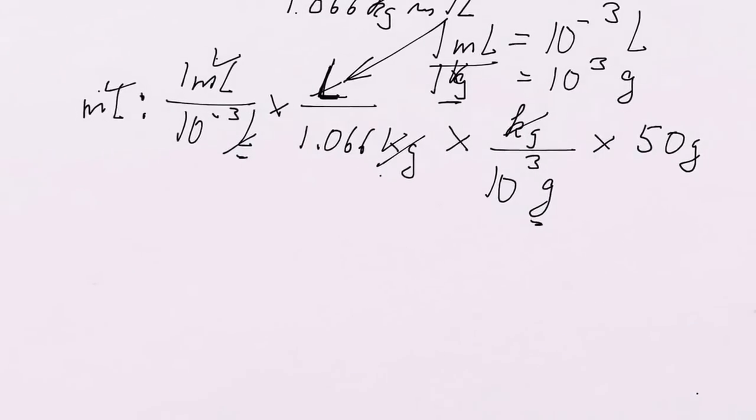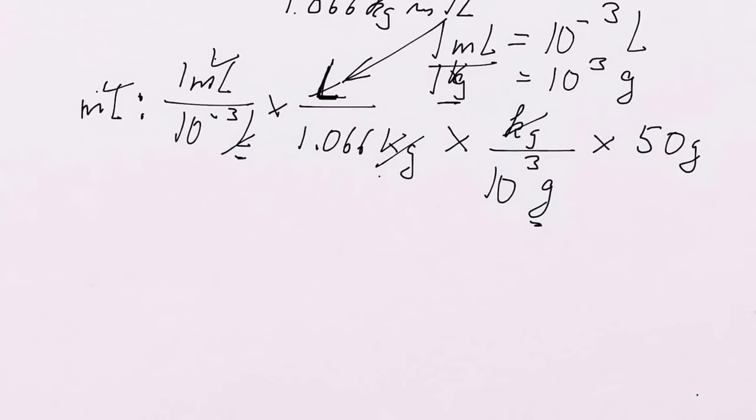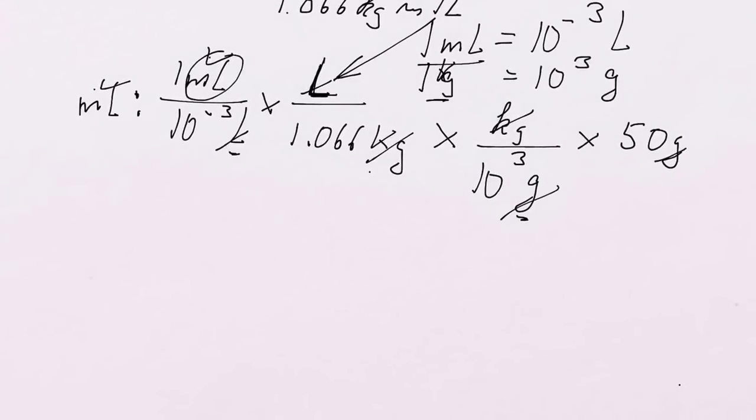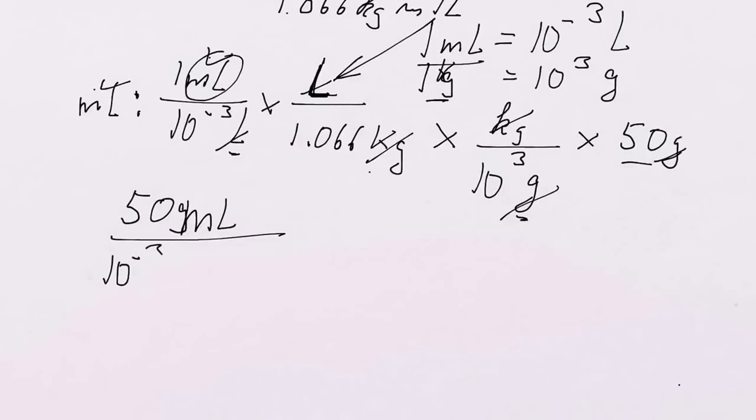So what we have left now is the unit milliliter, all the other units cancel out. If we look at it, we have 50 grams, that's what we have here, 50 milliliter, sorry, the grams cancel out, 50 milliliters, we have 10 to the minus 3, that's this one here, times 1.066 times 10 to the 3.